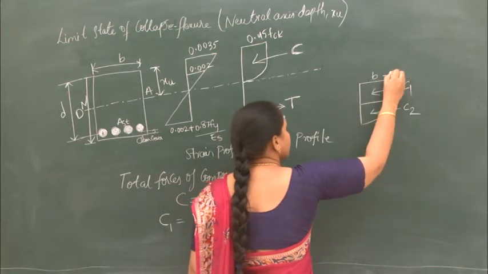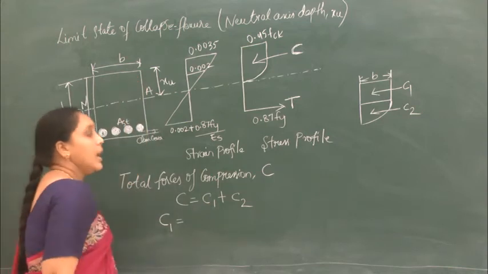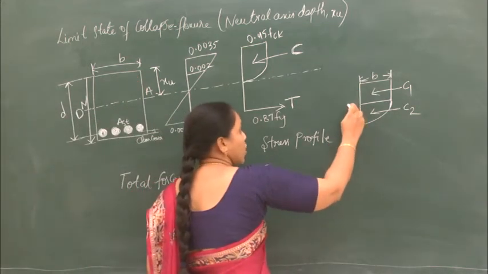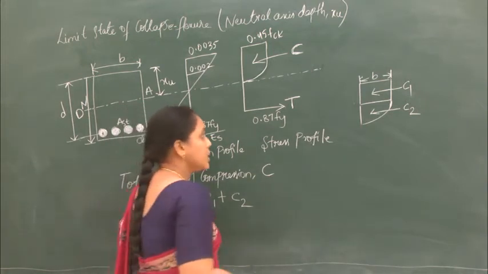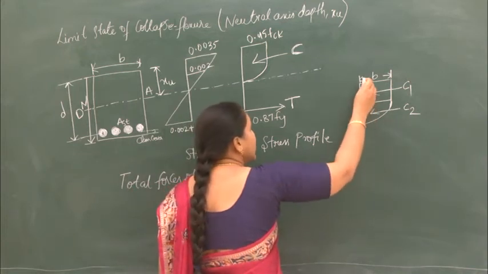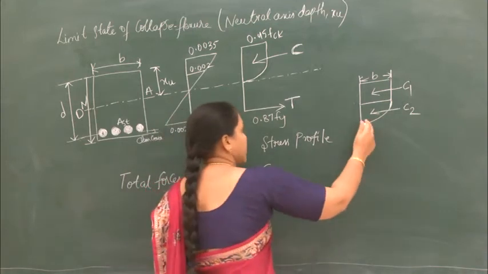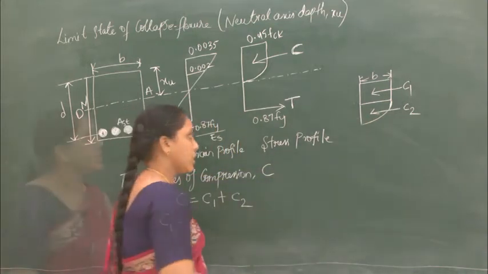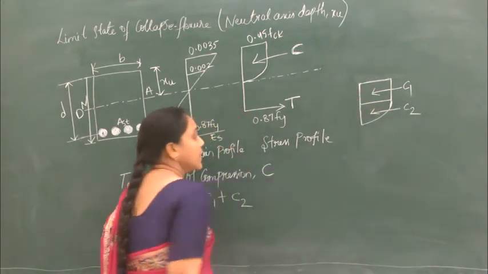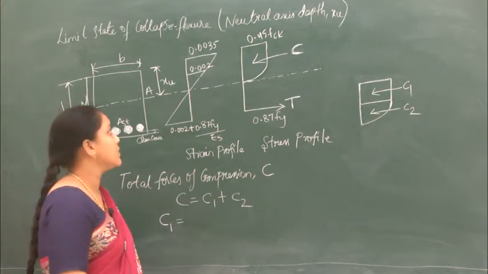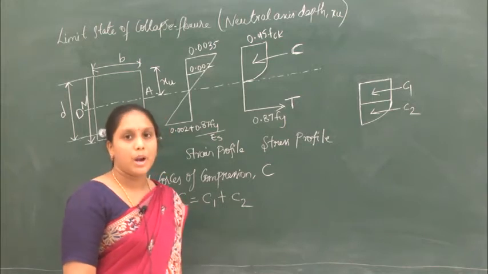You already know this is the breadth of the section, but the depth, the height, is not known. So first we have to calculate the individual heights of the rectangular portion as well as the parabolic portion. We know the breadth, but the depth is not known yet, so let us find the depths for both portions.